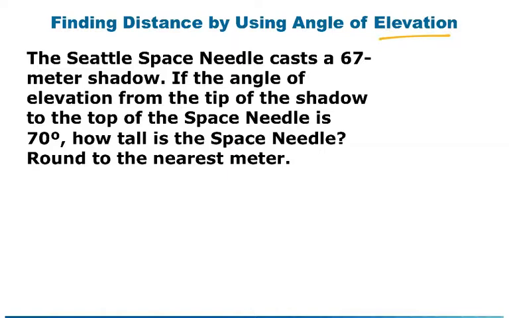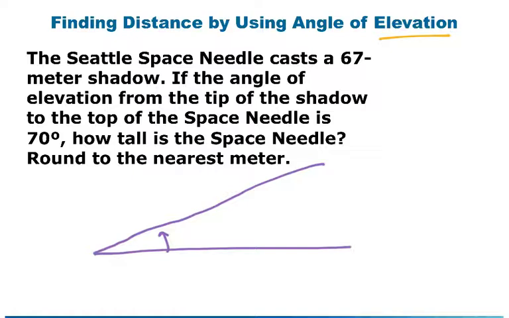So we're going to have this horizontal line, right? And then it says the angle of elevation, so we're going up from that horizontal line. And we're actually going to be calling this the shadow of the Space Needle. The Space Needle is in Seattle? Okay, anyway. So here's your Space Needle.